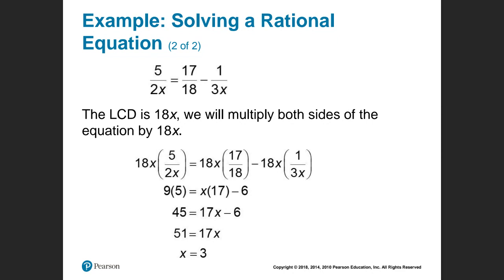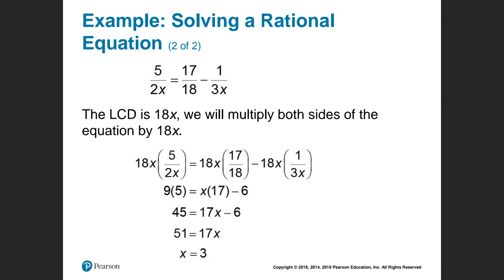Now we have to multiply both sides by 18x. 18x times 5 over 2x equals 18x times 17 over 18 minus 18x times 1 over 3x.